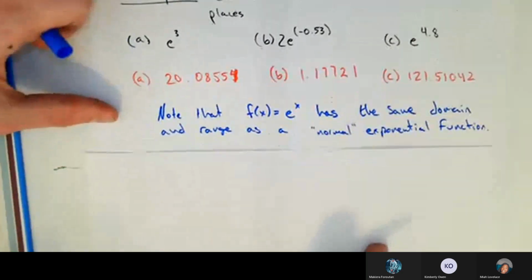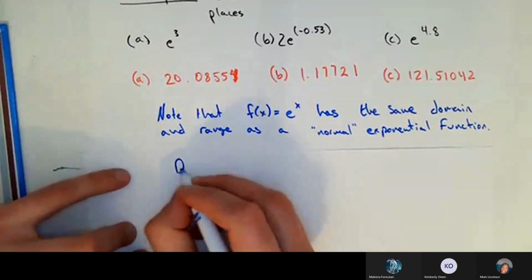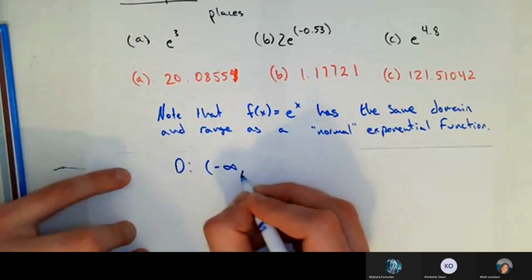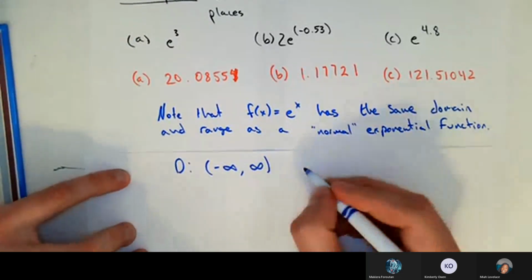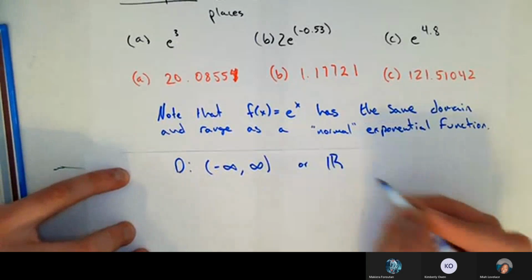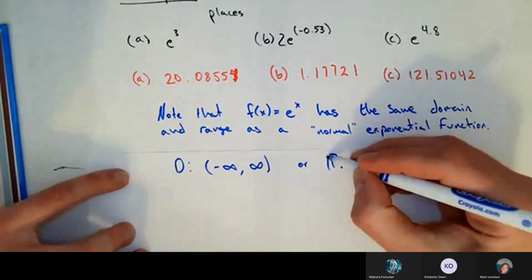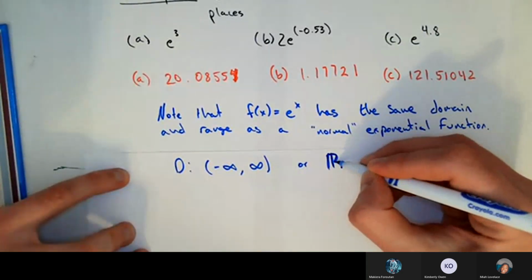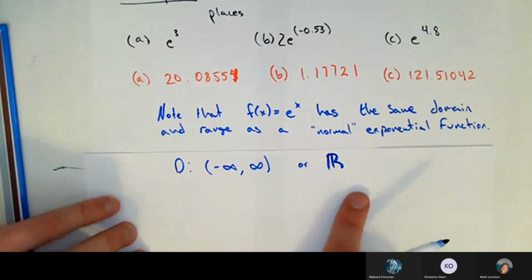And just so you remember, the domain is all the real numbers. I could denote it like that, or maybe you've seen it with a bold capital R. These mean the same thing, all real numbers.